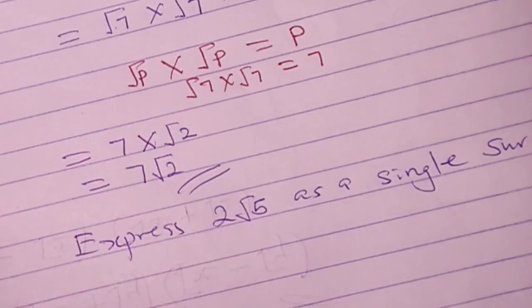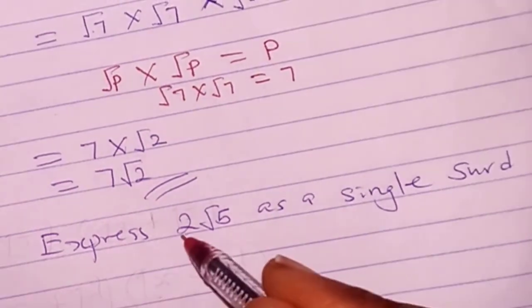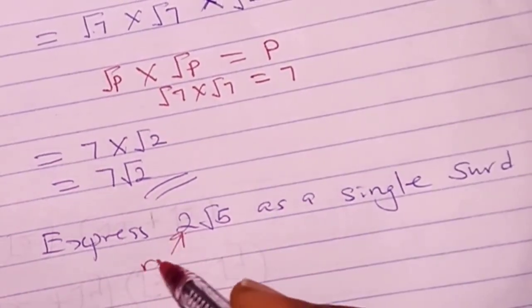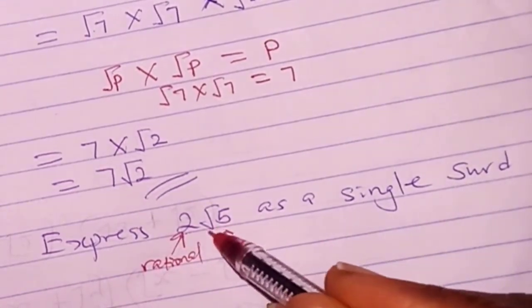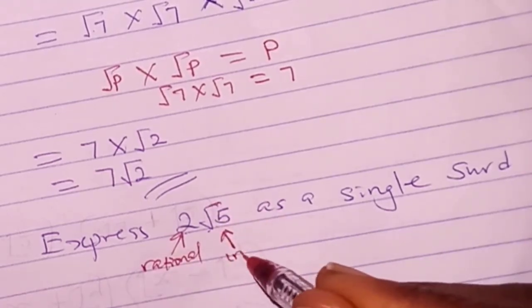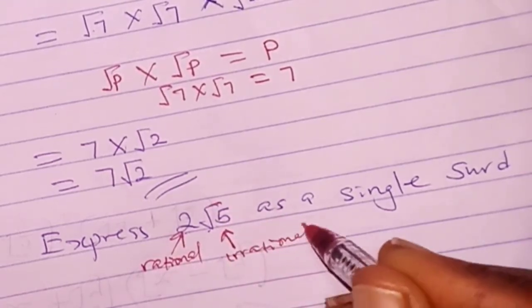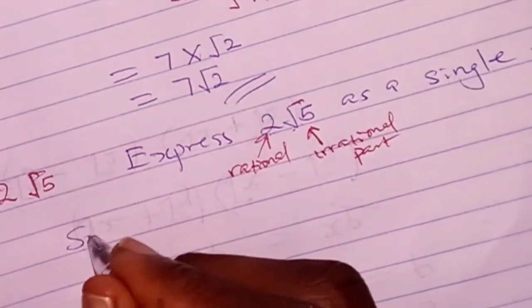Take note that 2 root 5 has two parts. We have the rational part, which is a rational number, and we have the irrational part, which is the one that has the root. Let's say this is the solution.